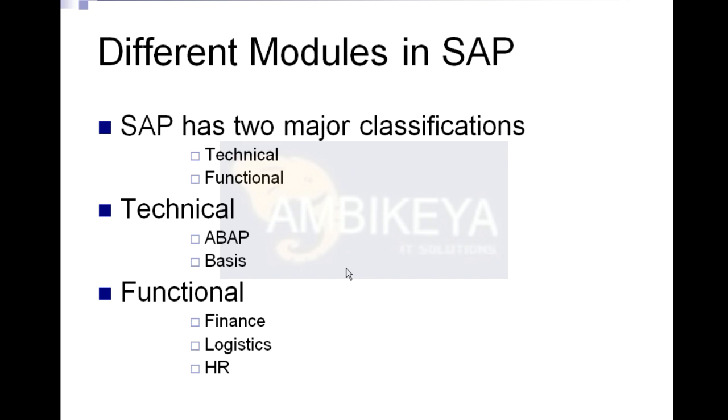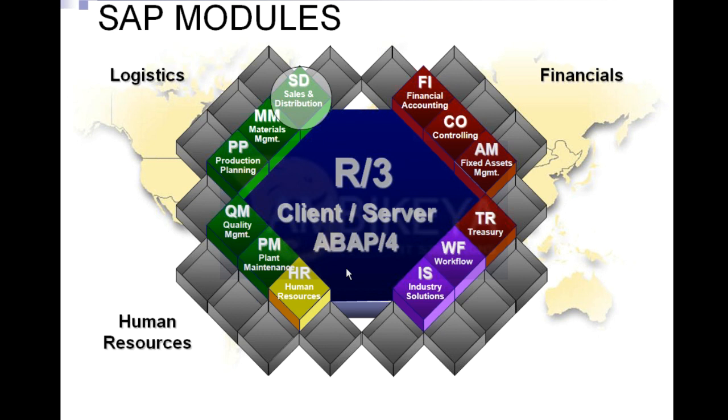So many things are there like this. These are all what you can call basic modules. Apart from this, there are things called CRM, SRM, PLM. So many things are there. I remember there are around 54 modules or so for SAP. And we are in the industry solution, which we are going to see for the retail industry.